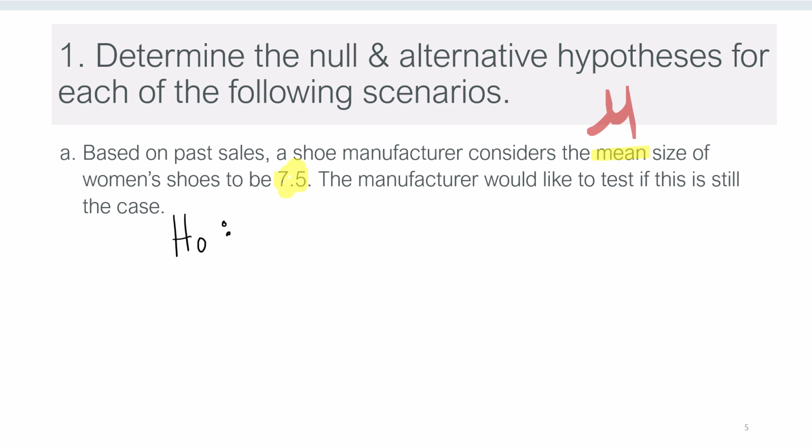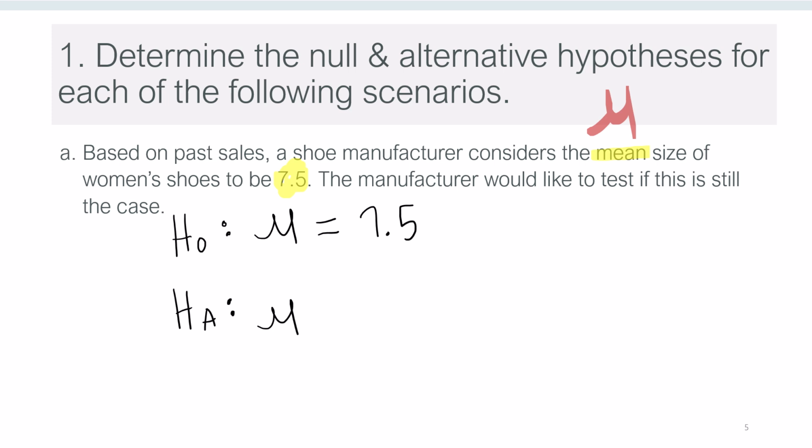First thing you're going to do is set up your null and alternative hypotheses, H0 and HA. Since we're doing a mean, we're going to put mu in each one. The null hypothesis always includes a statement of equality, so put an equal sign in there. This is the value that's currently believed to be true, so we currently believe that the average women's shoe size is 7.5.